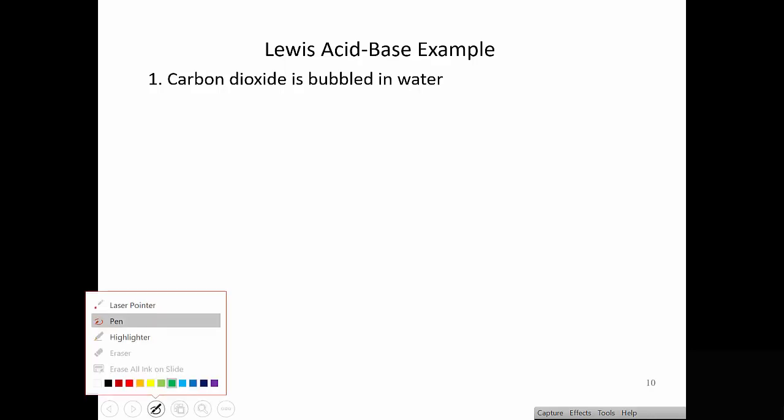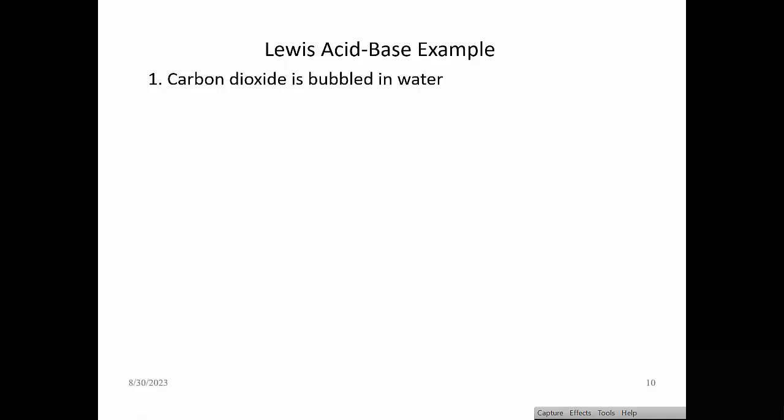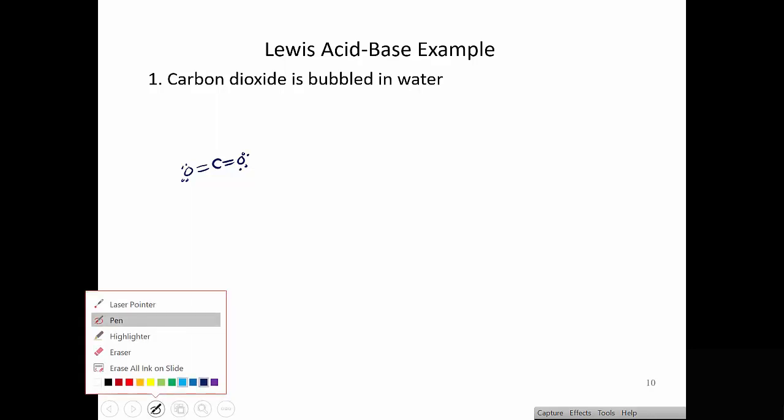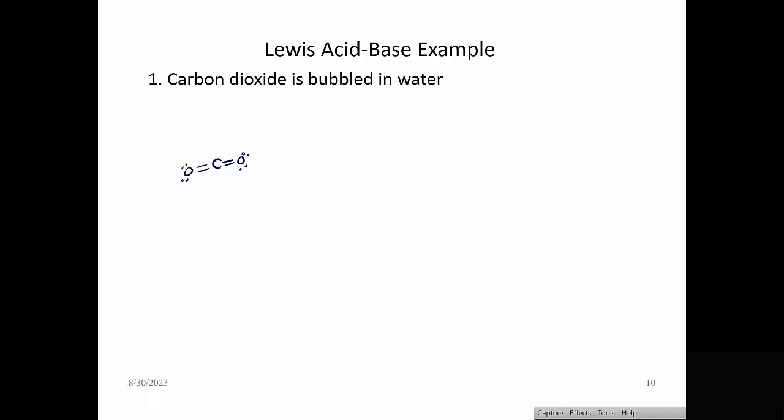Let's take a look at this one. Carbon dioxide is bubbled in water. This is the one I usually do. 1A. So the first thing is we need the Lewis structure for carbon dioxide. Since we don't have quantum mechanics, what we do is we just use bond polarity to kind of map out the electron cloud.